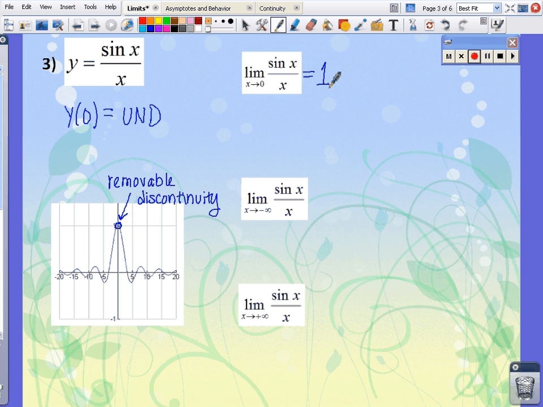What I wanted you to understand is that based on the limit value, so this was to 0, if I change it now and go to negative infinity, if we look at the graph going towards negative infinity, that would be this left side. And I'll do that in orange. Going to the left side, we're really going to bounce up and down, but we're going to just bounce less and less.